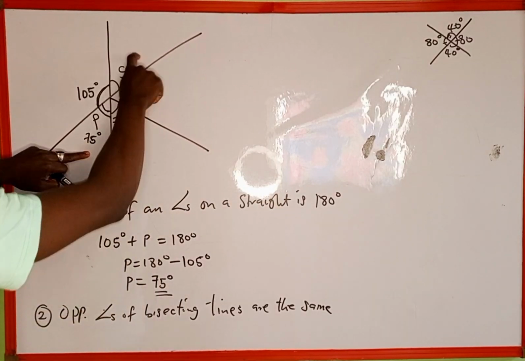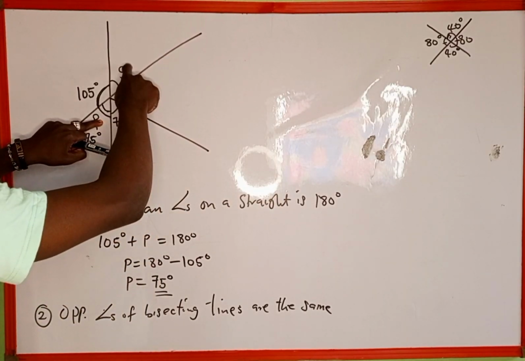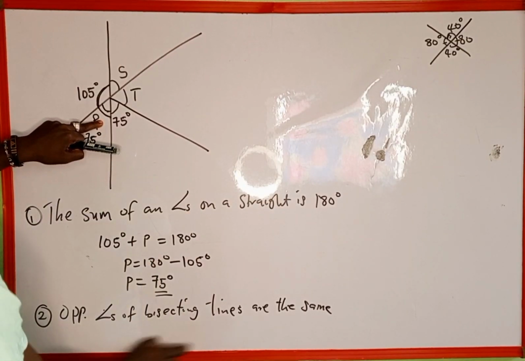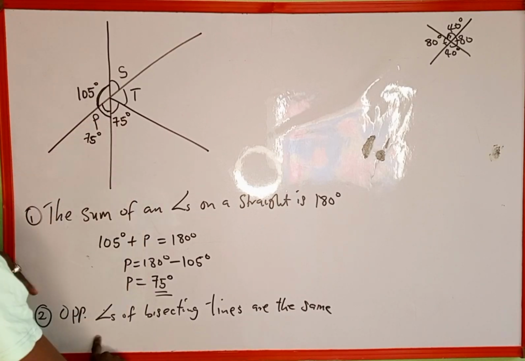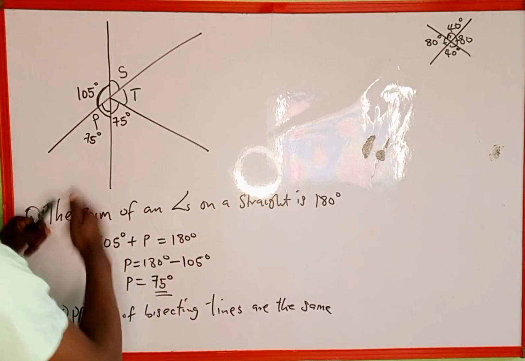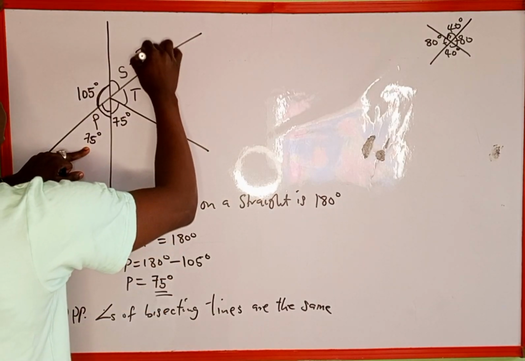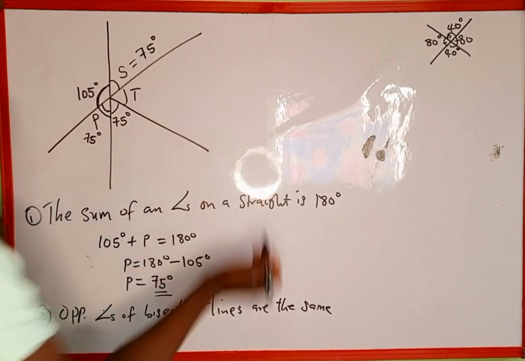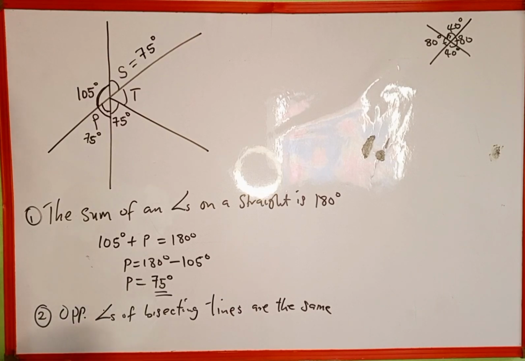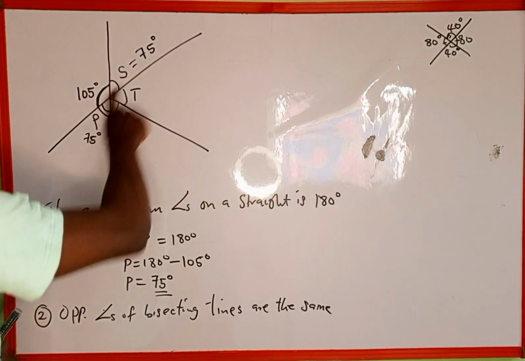That means this angle P is opposite to S, and the line is crossing. So we can apply this second theorem that opposite angles of bisecting lines are the same. That means if here is 75 degree, then angle S here is the same as 75 degree. Using this second theorem, now we have solved for P and S degree.